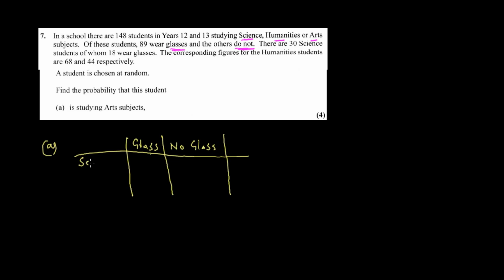If you have a table like this, so the main thing is glasses and no glasses. So we have science category, then we have humanities category, then we have the arts category.